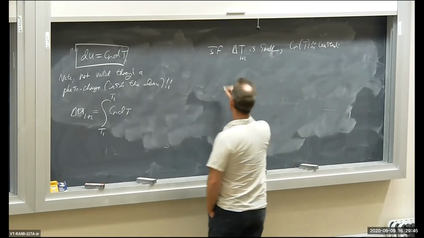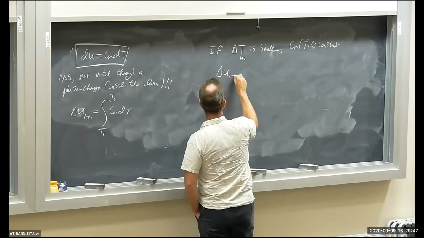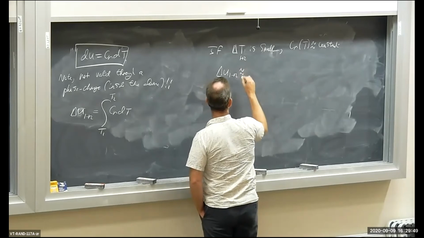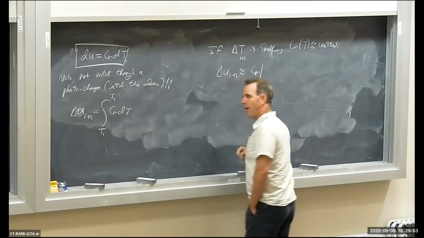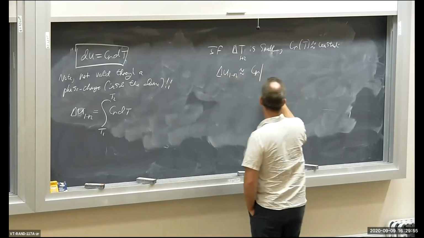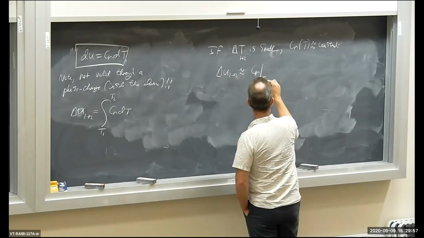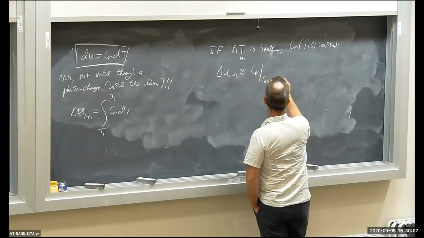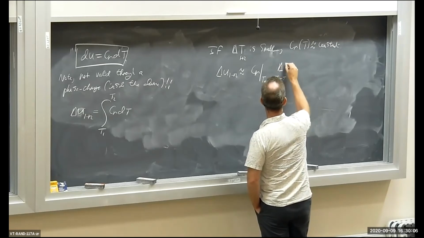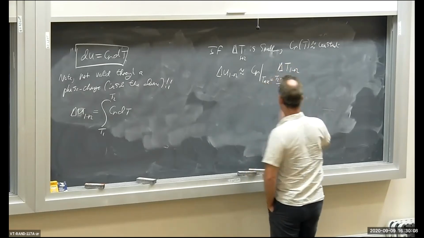And so delta U from 1 to 2 is approximately equal to CV, some average value of specific heat evaluated at the average temperature, T2 plus T1 over 2, times delta T from 1 to 2.